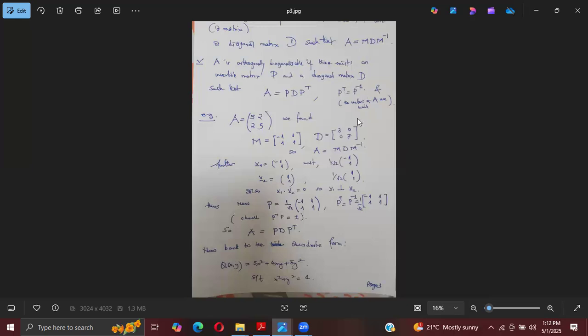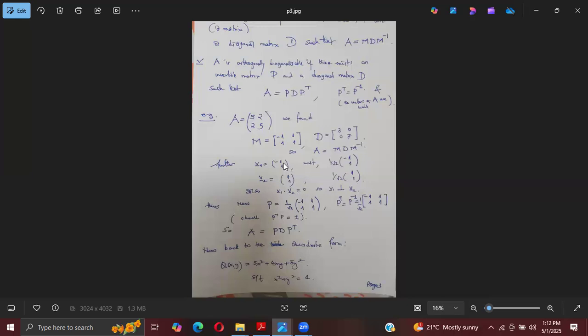Here there's some condition that you put. The condition is that P is really a variation of M. Remember we found our M. Our M are the eigenvectors of our eigenvalues. To find P, all I do is convert my eigenvectors into, well, two things. One, they must have a dot product of zero.